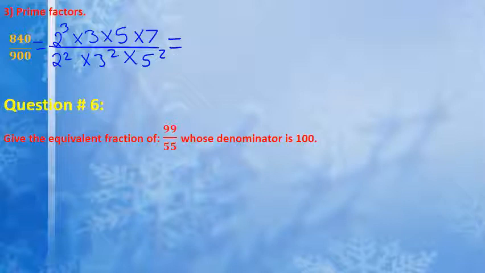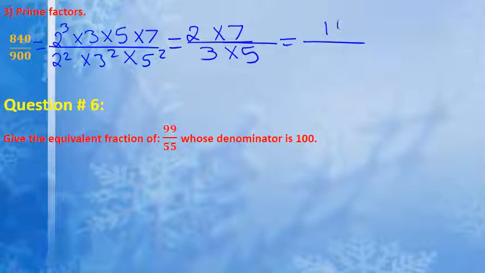Now we cancel 2 cubed and 2 squared. 2 remains up because it's of the greatest power. 3 and 3 squared, 3 remains down. 5 and 5 squared, 5 remains down. And 7 remains up. 2 times 7 is 14. 3 times 5 is 15. 14 over 15 is an irreducible fraction.